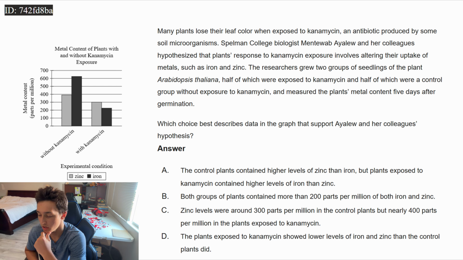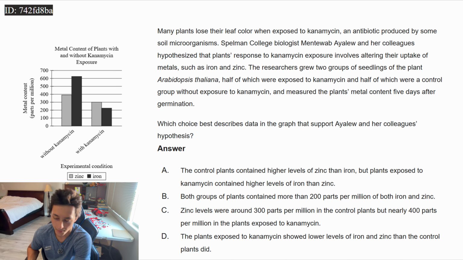So in this question, the hypothesis that we're looking for is actually not at the end. It is closer to the beginning, and it is that plants' response to K exposure involves altering their uptake of metals, such as iron and zinc. So we have to see where in the graph that is supported, because the question is asking which choice supports the hypothesis.